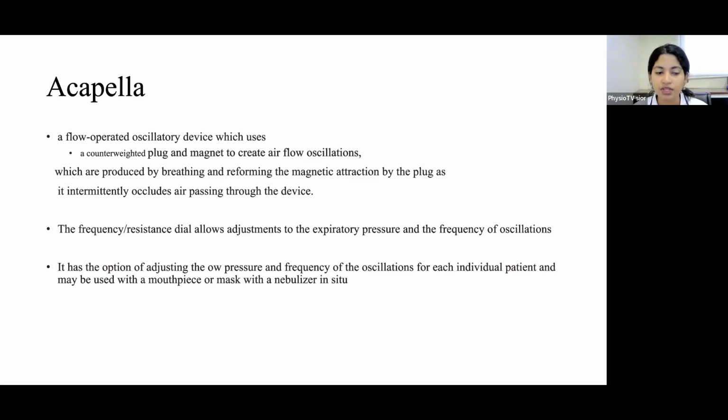In this device, you can alter the frequency or how much resistance is to be given with the dial, which adjusts the expiratory pressure and the oscillations. So it helps to broaden out our patient population and can be adjusted to each individual patient's requirements.